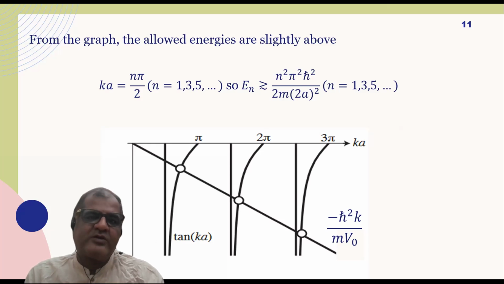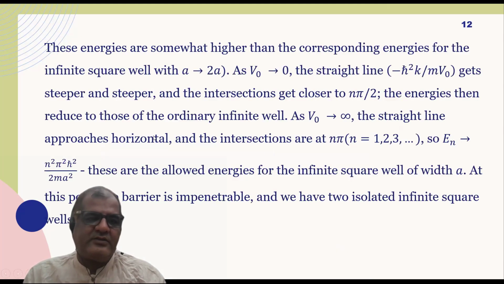The energy will be simply n²π²ħ²/2ma². That means this energy is simply that of an infinite square box of length a. So E_n will be n²π²ħ²/2ma², because I'm now not taking 2a. These are the allowed energies of the infinite square well of width a.